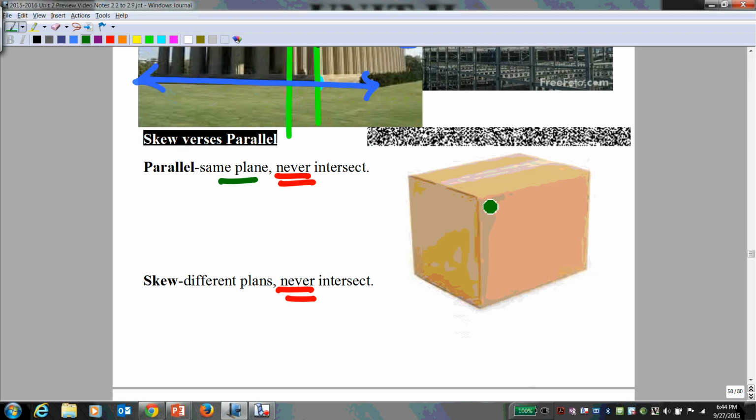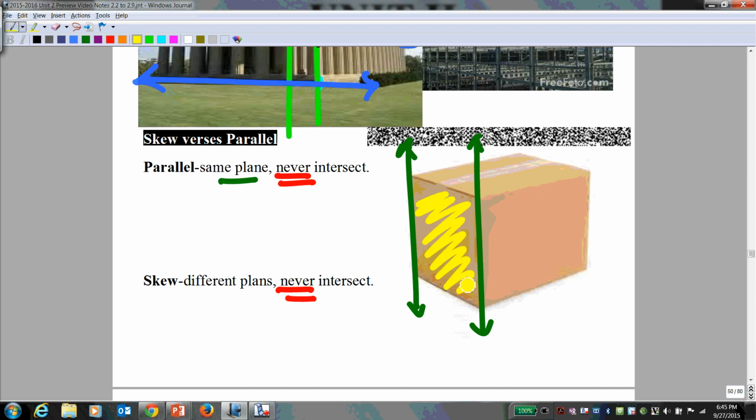So for example, this box, you trace those, they're on the same front plane. They're on the same plane right there. I'm going to shade it for you. They're on the same plane and never intersect. Those are what we call parallel. Notice my little arrow feathers.